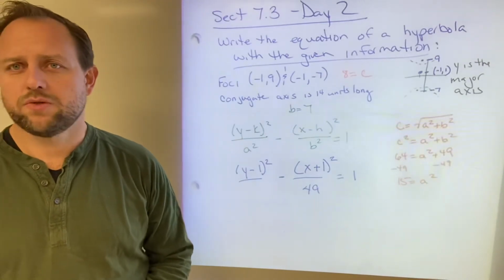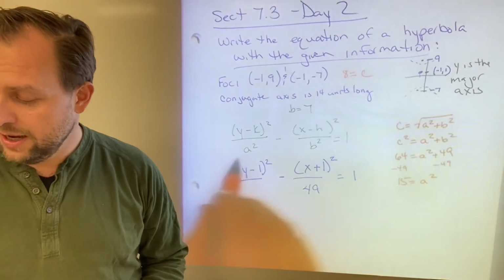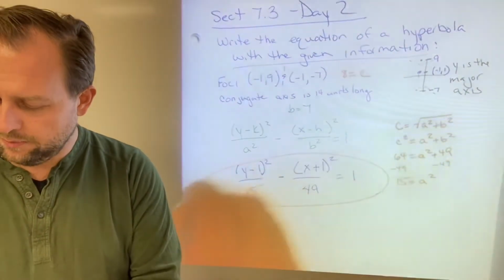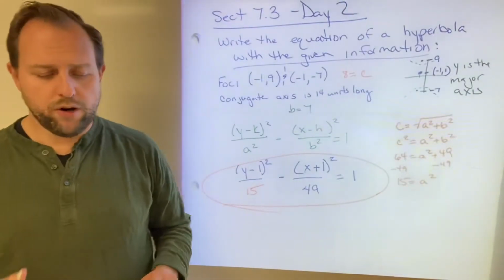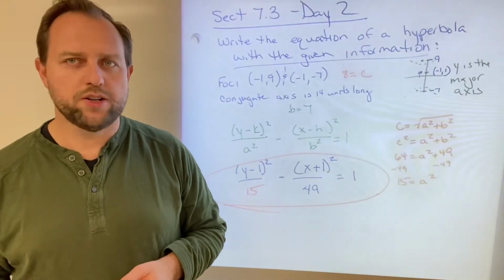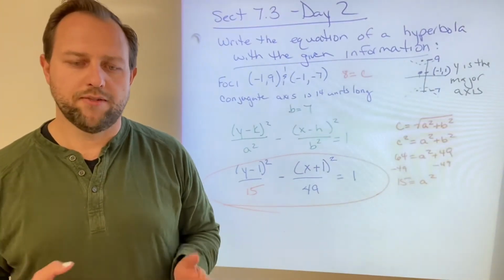I don't need to take the square root because I really just need a squared, 15. And that's how we go through with sketching and thinking about what parts we have to come up with the equation of a hyperbola given pieces and parts.